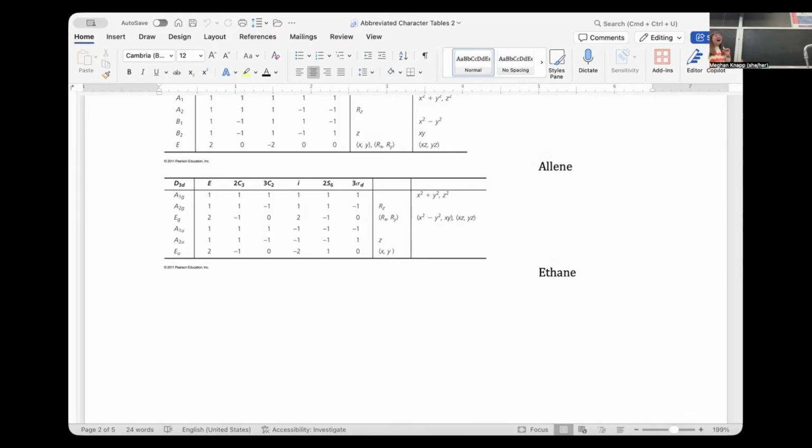So if it is chiral, then it can't have any mirror planes at all. No mirror planes, no inversion center. The only thing that it is allowed is rotational axes.